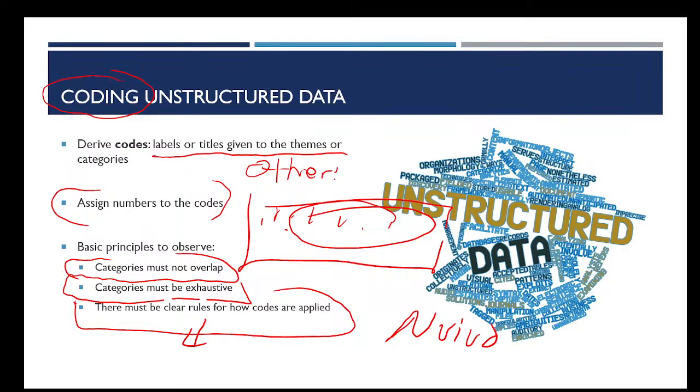What you want to avoid is, say, the big project we're working on at the CCR, where we're probably going to have 30 or 40 people coding data, because the amount of data we're generating is enormous. In a situation like that, you need really clear rules so that you minimize intercoder differences. You have different people coding the data, and you want them all to code it the same, so you have to have really clear rules as to how to code things.